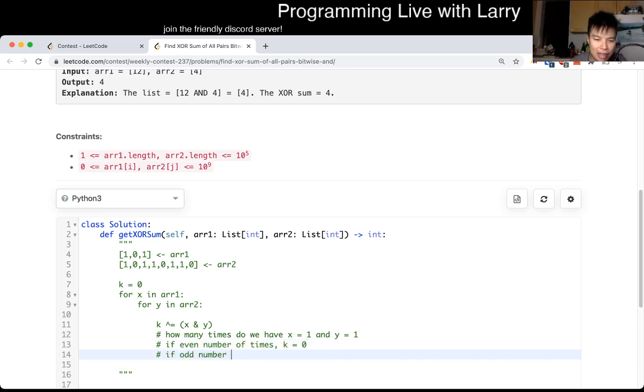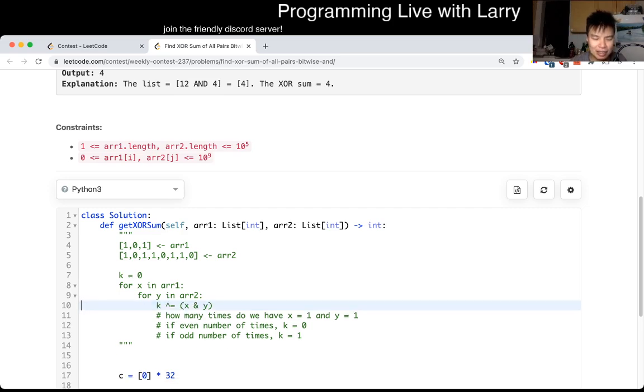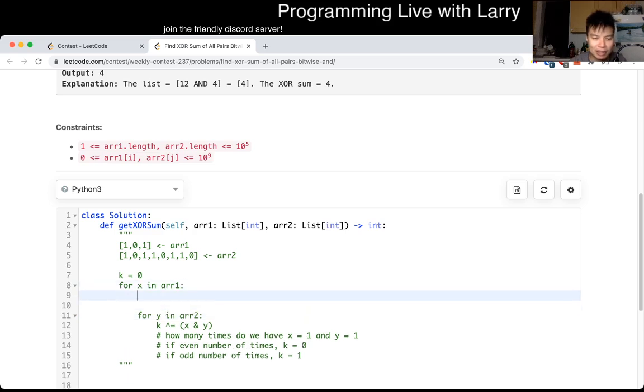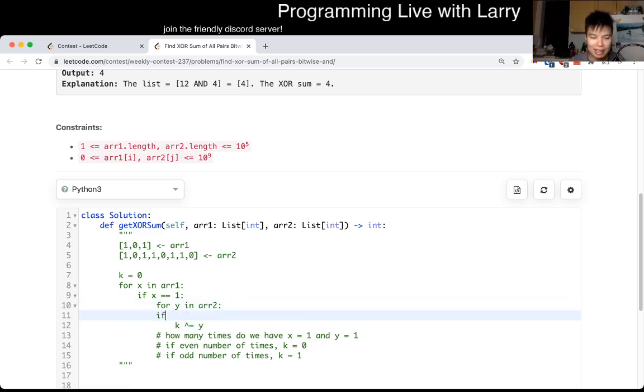So, okay, looking at that, we can actually just keep track, now we could take the loops out of each other, right? Because now we're just saying, okay, for each x, if x is equal to 1, then you do this thing. Because if x is equal to 1 and y is equal to 1, then we flip the k value.